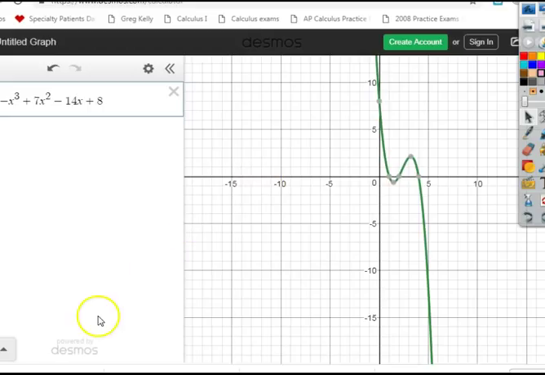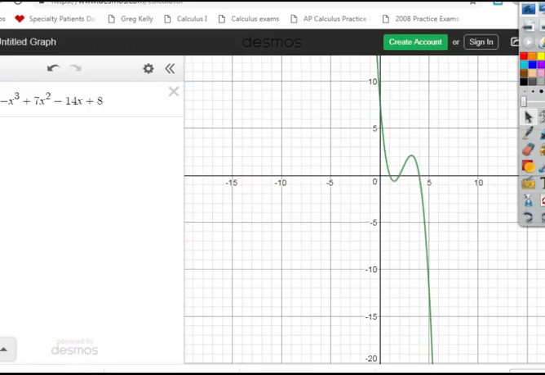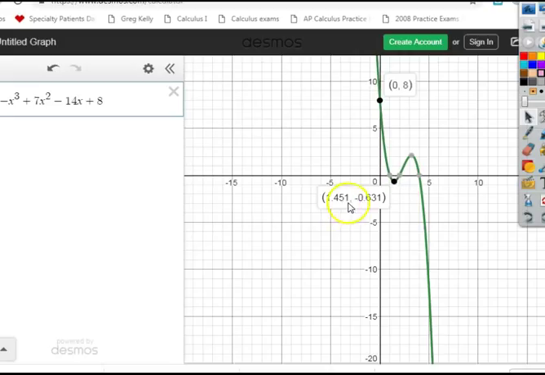So let's consider it first with the original function. It has a place where it crosses right around there at 0.8. The bottom's there at negative 0.631. So talk about the distance there. The distance from here to the line, as far as the y direction, that y value there is 0.8.